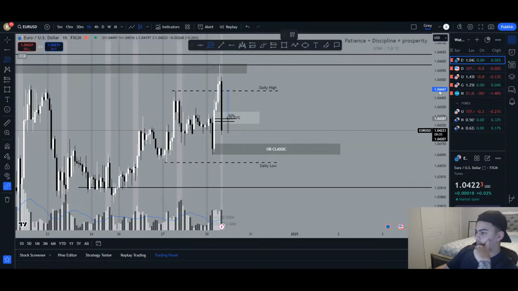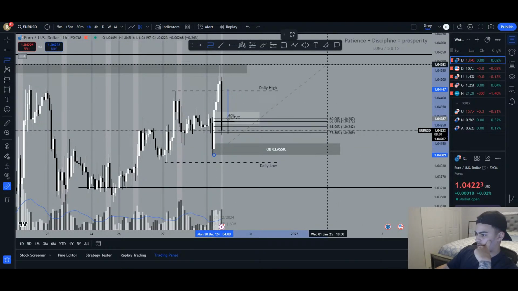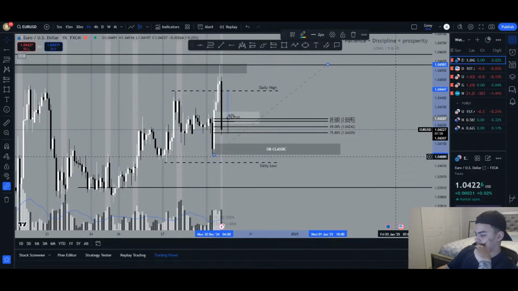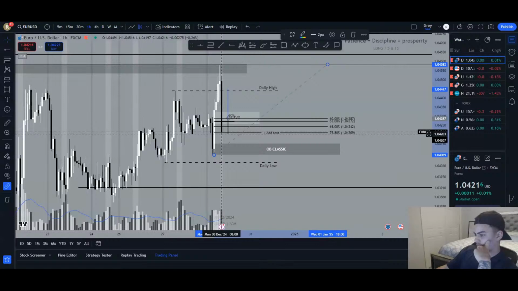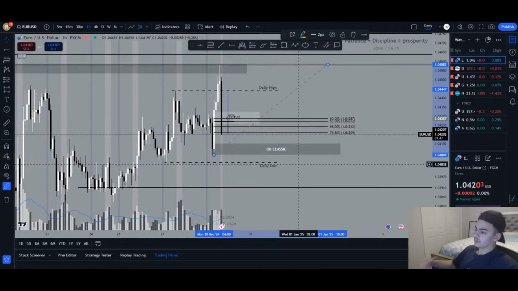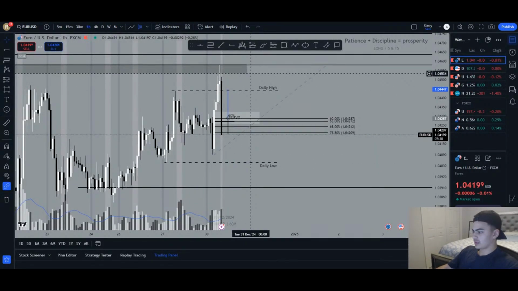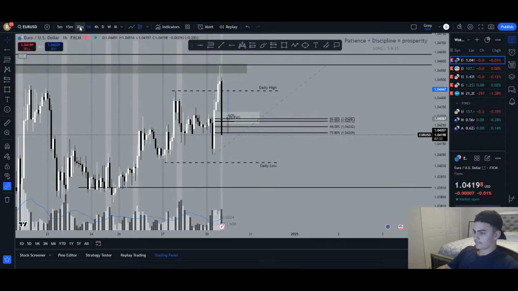And if the 1 hour broke Fibonacci, then oh yeah, it broke Fibonacci. You can see a small bounce up here, but then it's going down. My strategy tells me that whenever it manipulates the daily high, it's usually going to go back up to grab that liquidity that is left. But I'm not seeing any buys.